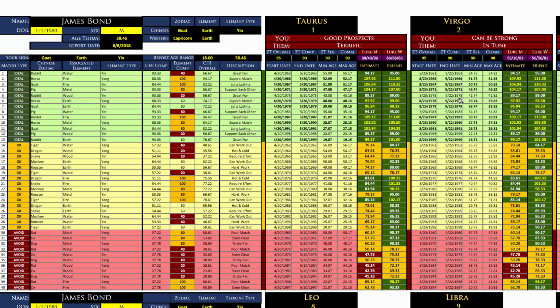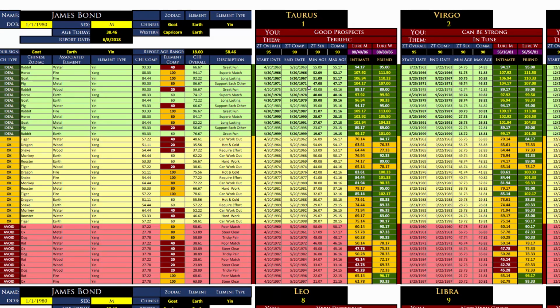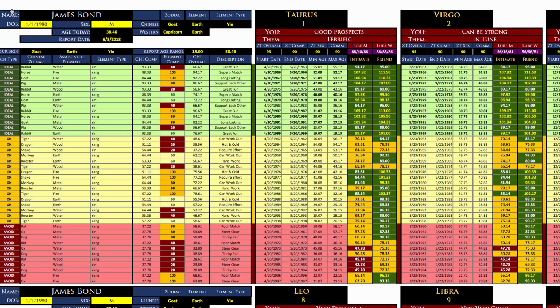So there's not going to be another Taurus in this group, in the compatibility of James Bond, that is exactly 43.08 years old. Okay? Now understand that this first minimum age is calculating this first date, the start date, against the date of the report.